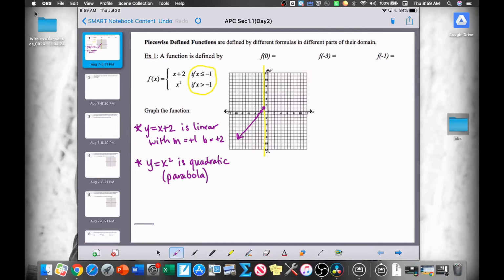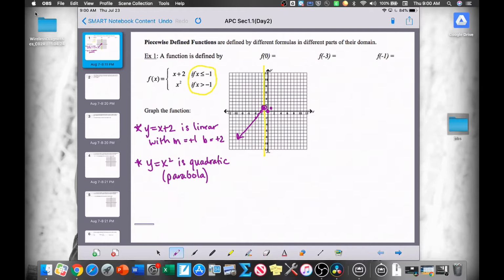So I know that I'm going to have a point right here on my parabola. And then the next point on the right-hand side would be over 1, up 1, okay? Or over 1, left 1. Now, technically, there would be an open circle around that closed circle right there on the line. But these two functions meet at the same point when x equals -1. So that's kind of special for this graph.